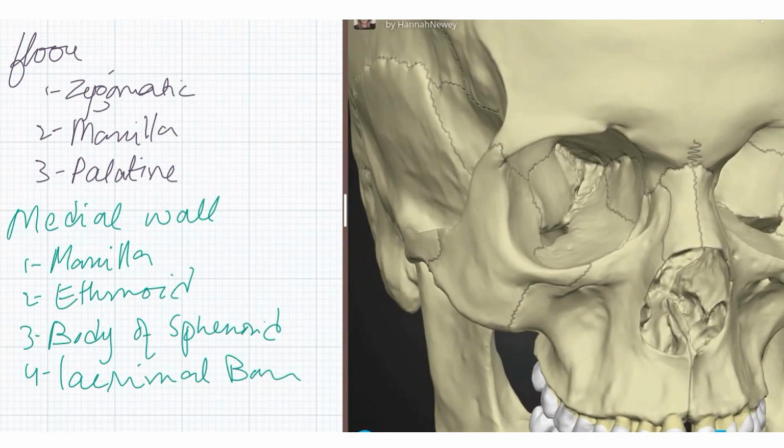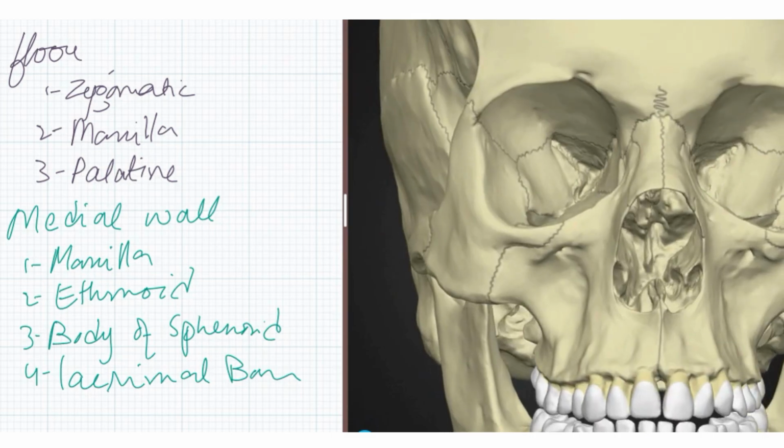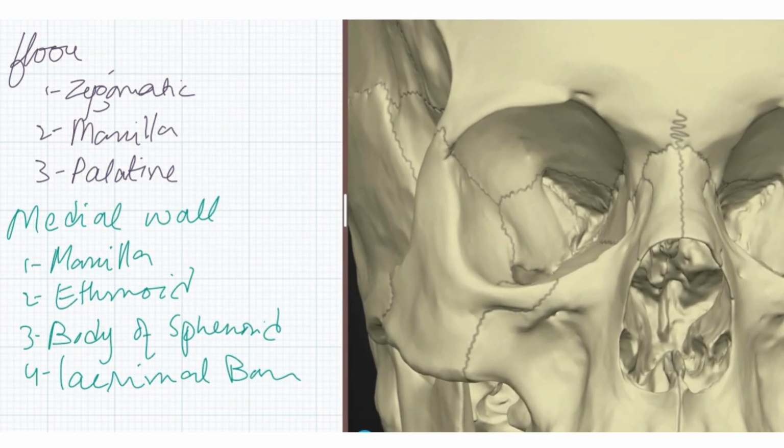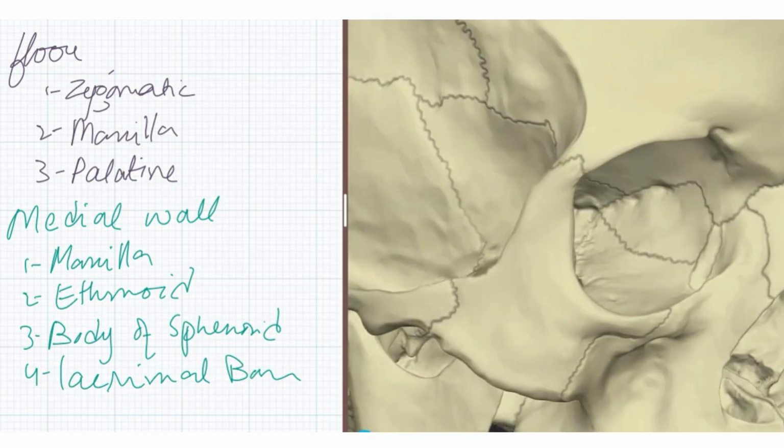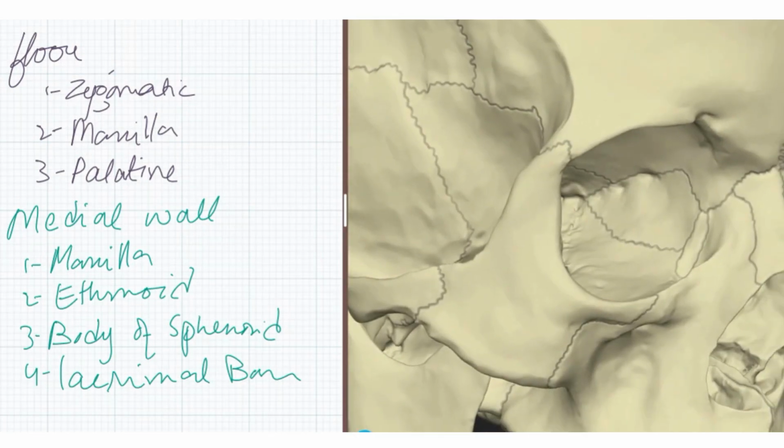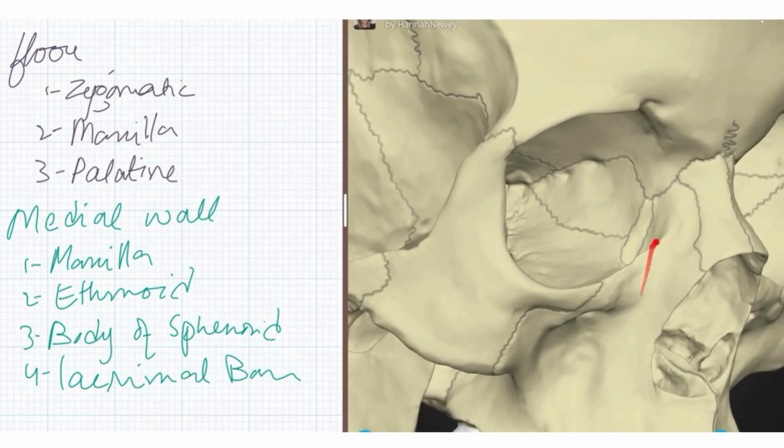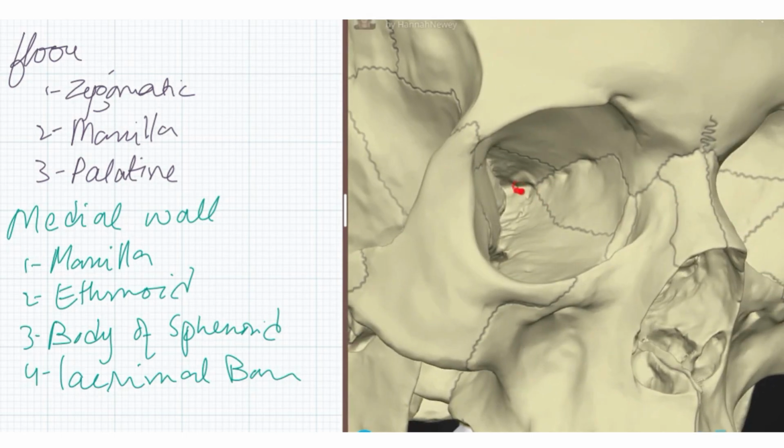The floor of the orbit is made of zygomatic, maxilla, and a smaller portion of palatine bone. The medial wall is made of maxilla, lacrimal bone, ethmoid, and a smaller portion of the body of the sphenoid.